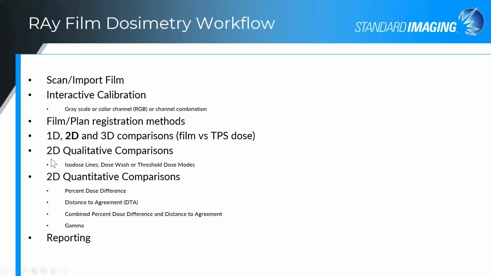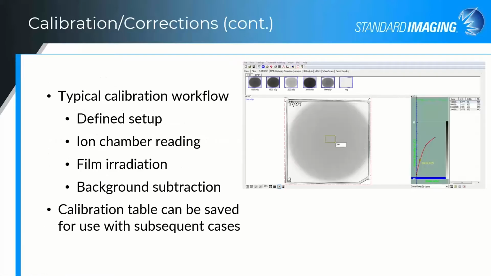There are 2D qualitative comparisons, such as isodose lines, dose wash, as well as quantitative comparisons, for example, percent dose difference, distance to agreement, the combination of the two, gamma, and then, of course, we always have reporting to finish up your QA process. So the typical calibration workflow in Ray is similar to that in most film dosimetry software.